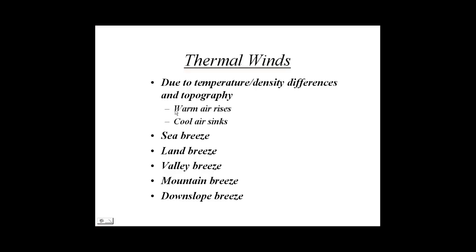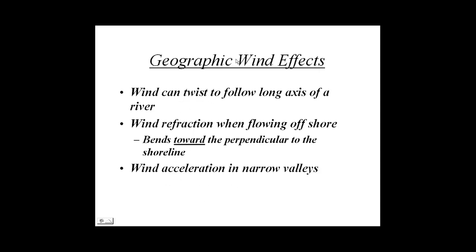Now let's talk a little bit about local winds. We're still on winds. There are thermal winds, and these again are due to temperature density differences and also the topography of the land. As we talked about before, warm air rises, cool air sinks. We have sea breezes, land breezes, valley breezes, mountain breezes, downslope breezes. But all of these relate to changes in density. You also have geographic wind effects.